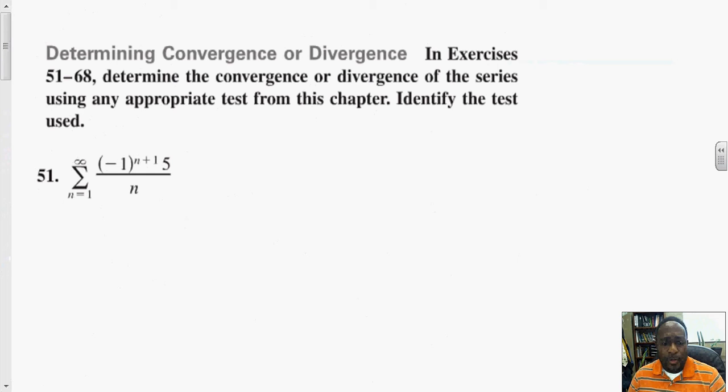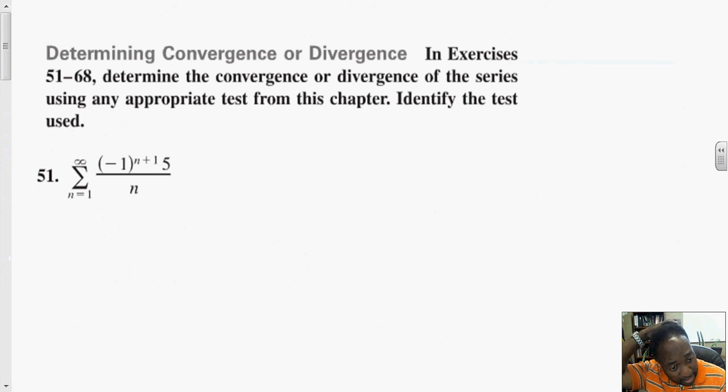Now, for the rest of these problems here, 51 and 68, determine the convergence or divergence of the series using any appropriate test from this chapter. So we're not limited to the ratio or the root test. You may be able to apply the direct comparison or the limit comparison, a p-series, the nth term test for divergence, geometric series, partial sums, that is, use the telescoping method, the integral test.